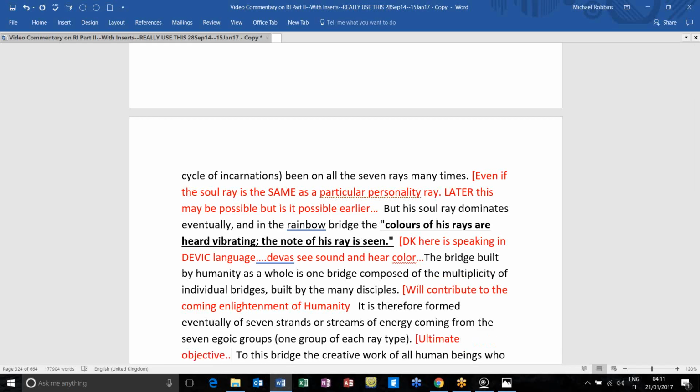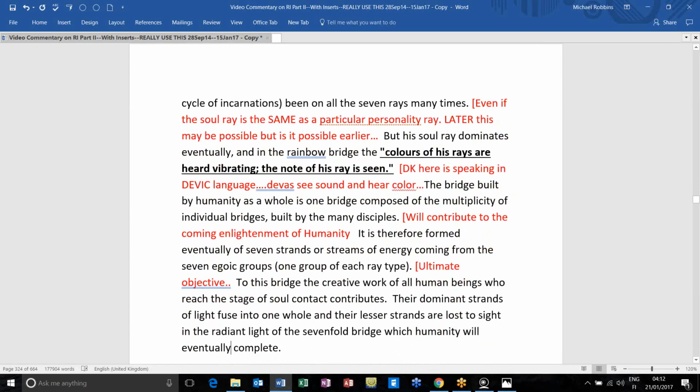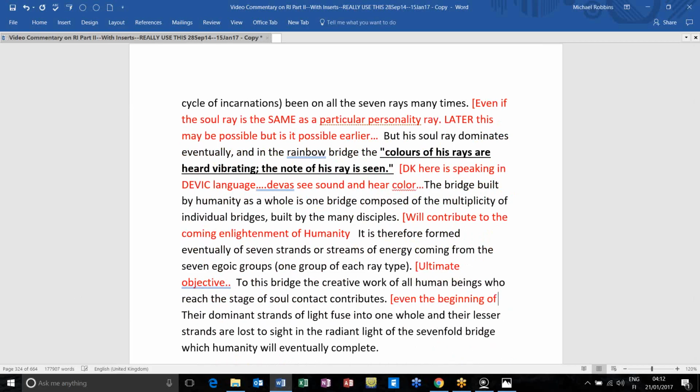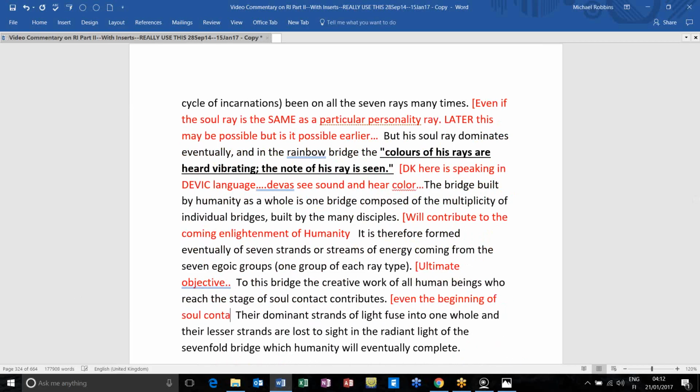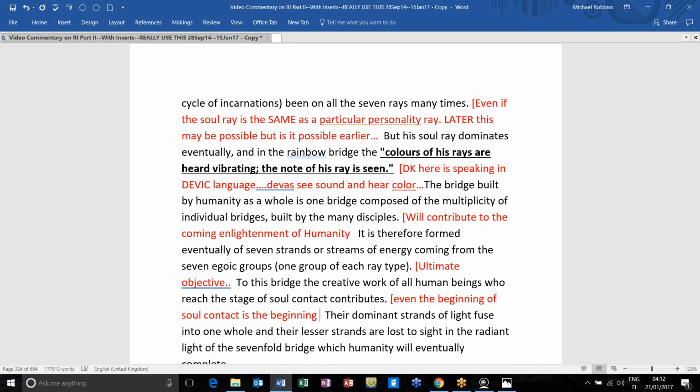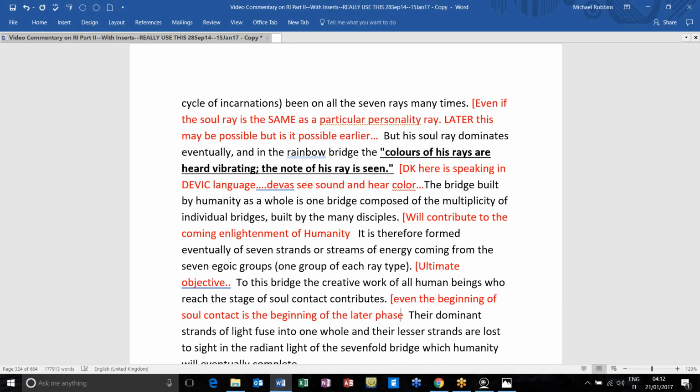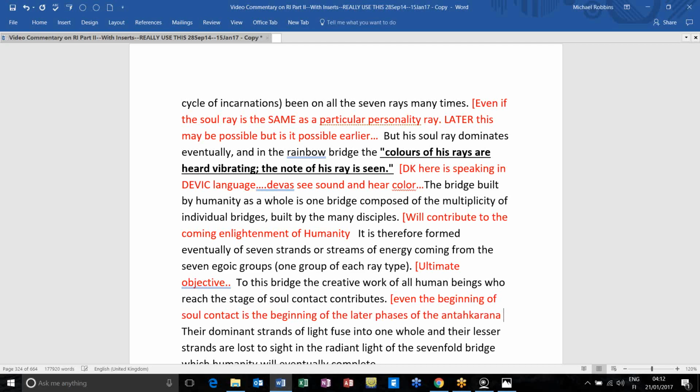We're not there yet by any means. To this bridge, the creative work of all human beings who reach the stage of soul contact contributes, because even the beginning of soul contact is the beginning of the more definite bridge. Even the beginning of soul contact is the beginning of the later phases of the antahkarana.